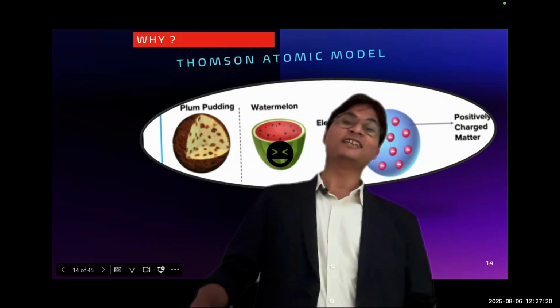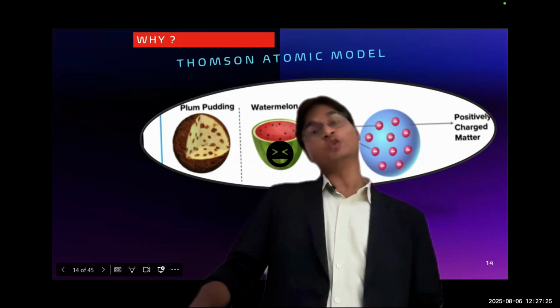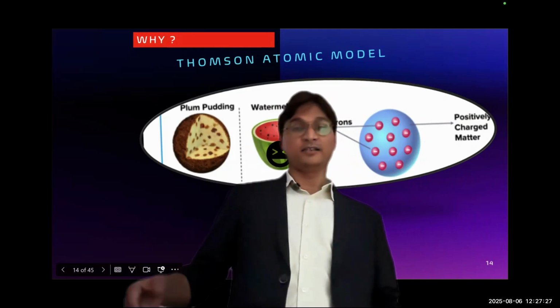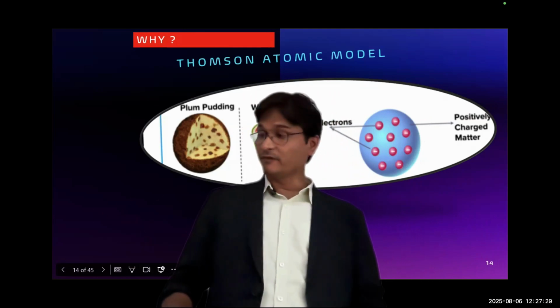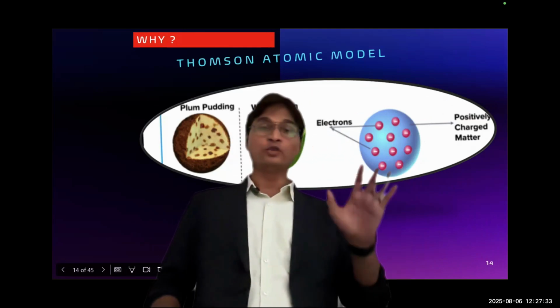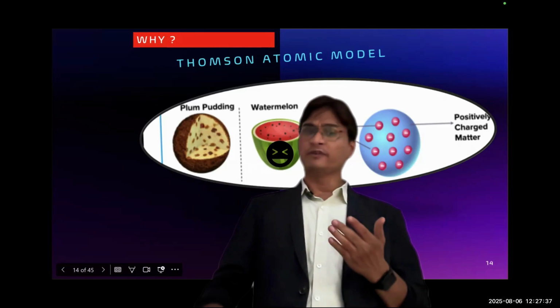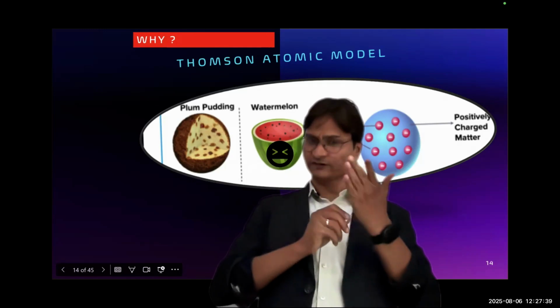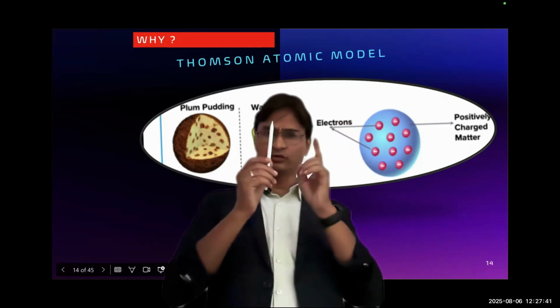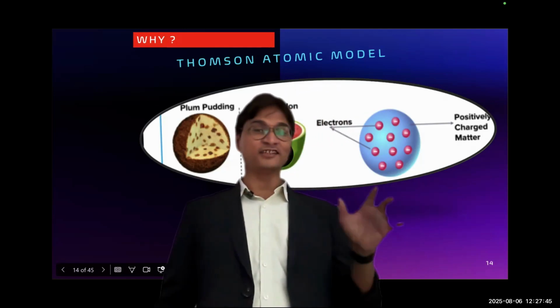The reason is it successfully explained why atom is neutral, though it is having a charged particle. Before Thomson, it was a puzzle to explain. Before Thomson, there was only one real life experiment. When you rub two glass rods with wool and bring them together, they repel each other. That's only possible when there is charge.